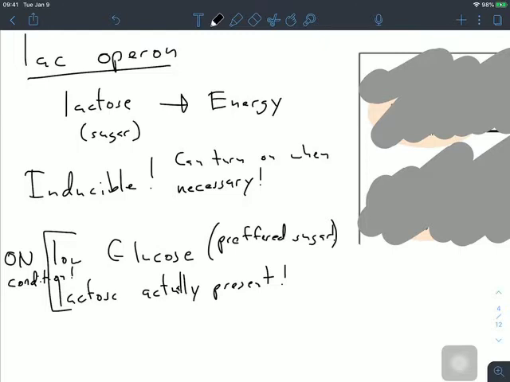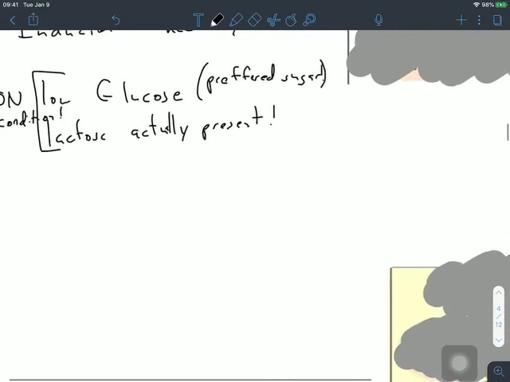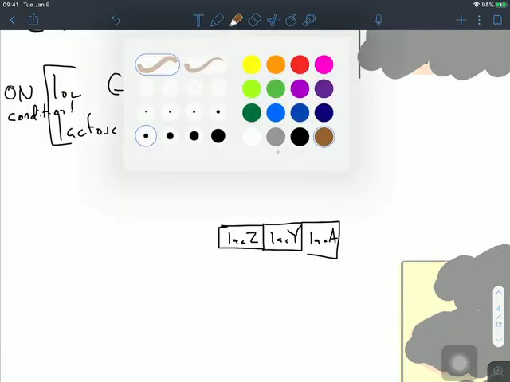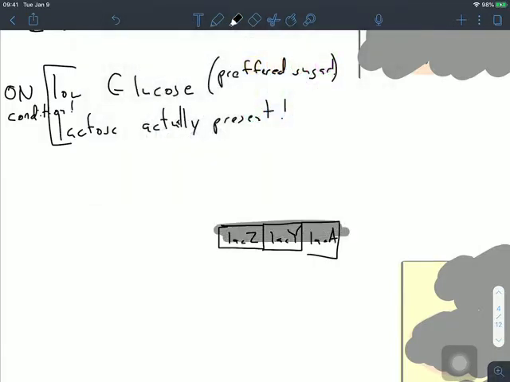So, how does this work? Well, just like in our trp operon, you have some structural genes, three of them in this case. Those genes being lacZ, lacY, and lacA, our three structural genes.